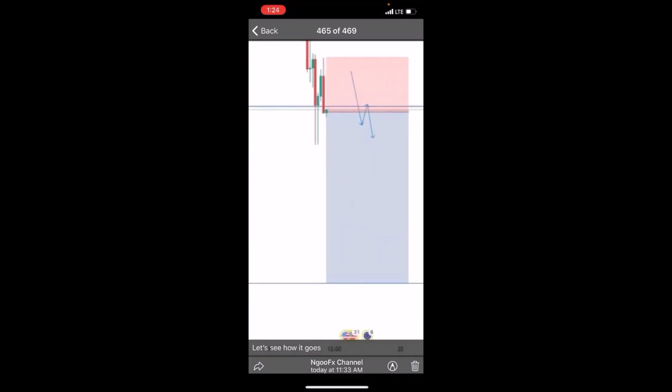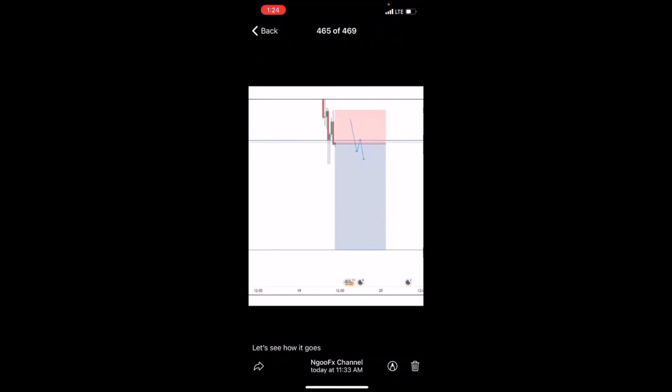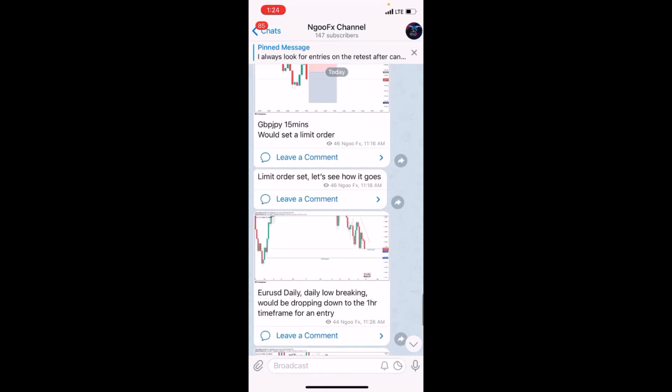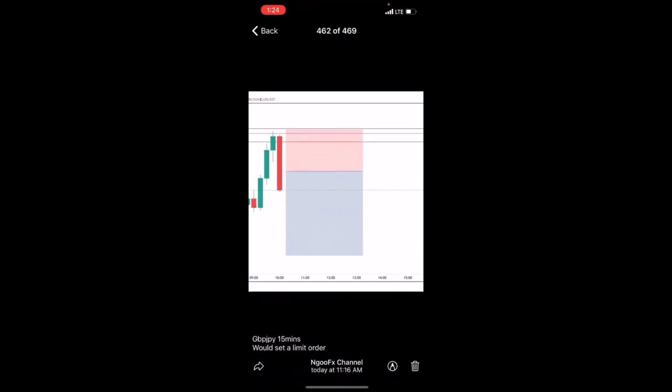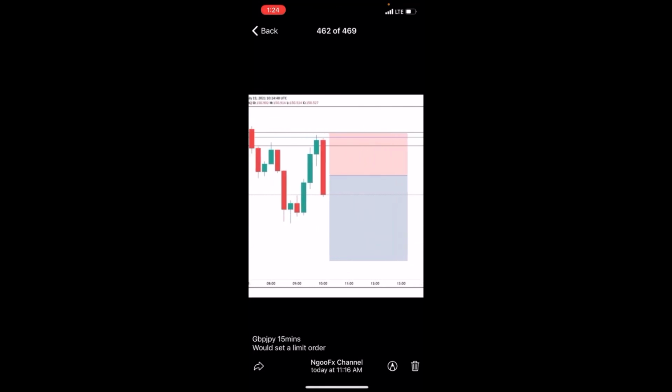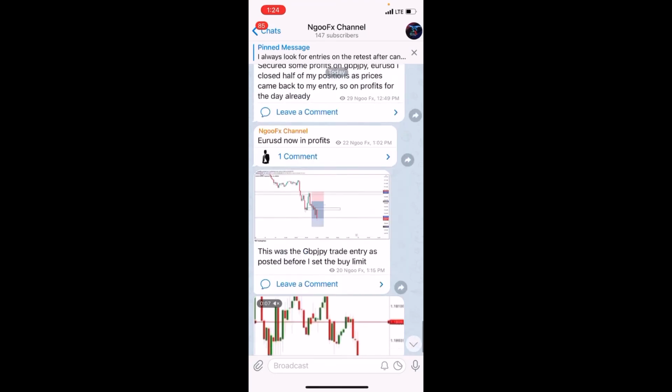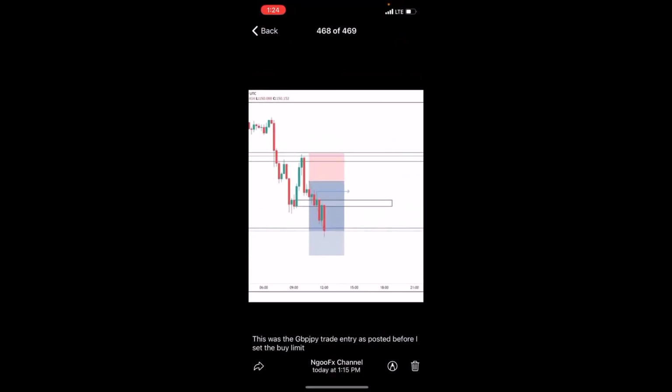This was there before it happened, and you can see even when my GBP/JPY sell limit order was placed, which is this trade, it was called also before, and this is the trade currently running now. GBP/JPY currently running now, so price has moved way past my target. So that's just it.